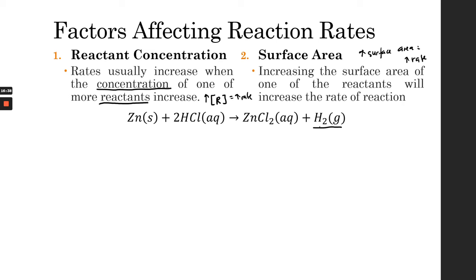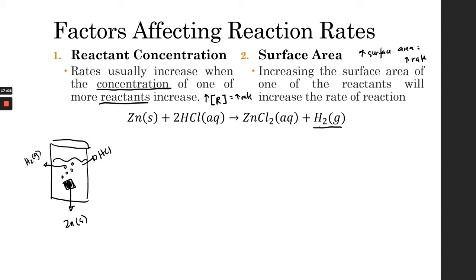If we have a beaker of HCl and we introduce a zinc solid, so this is our zinc solid, bubbles will form, and those bubbles are actually the hydrogen gas. So that is what is happening in this reaction.